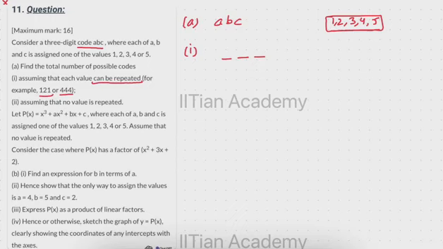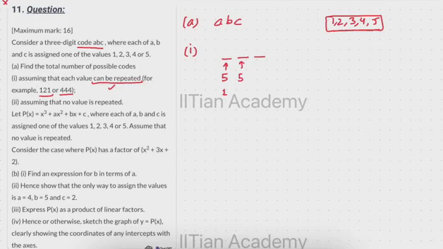So let us consider the number of options for filling up the first space. This first space can be filled up with 5 options. We can place 1, 2, 3, 4 or 5 here. Suppose we have placed 1 here. Now let us identify how many options we have for the second space. As any value can be repeated, we again have 5 options, that is 1, 2, 3, 4 and 5.